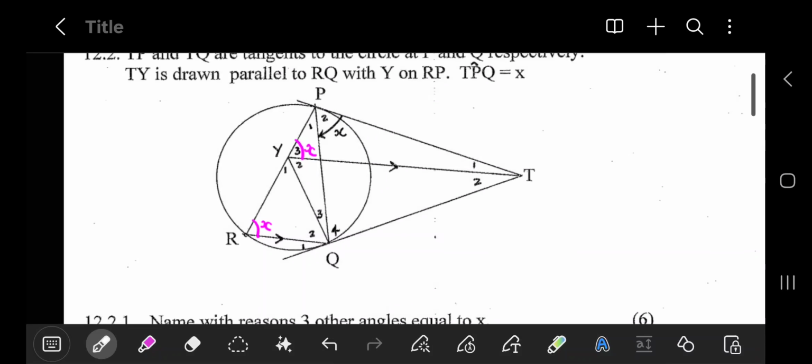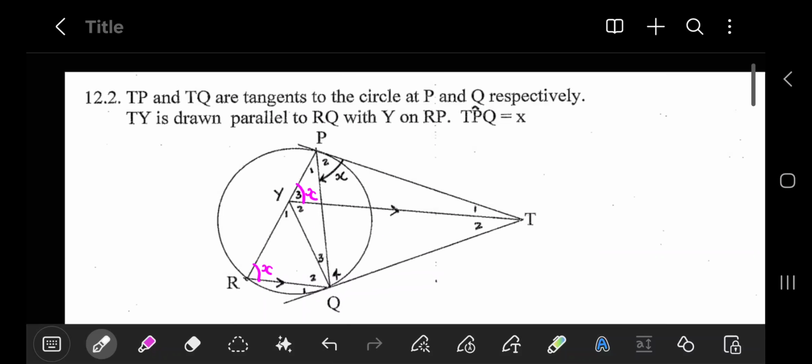Now let's look for the third angle that's equal to X. Now let us focus on the other tangent line. And at the same time, I'm going to focus on chord PQ. Why though?